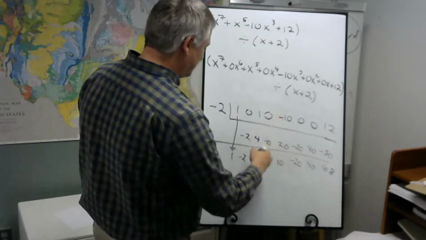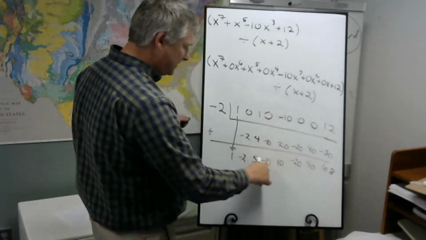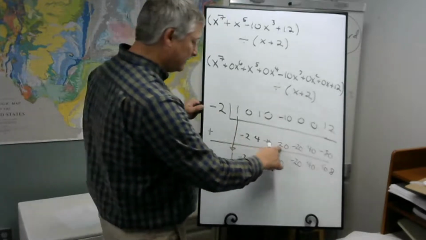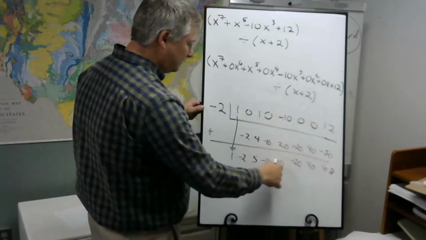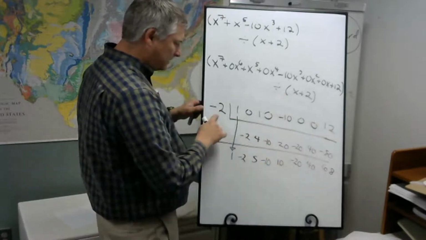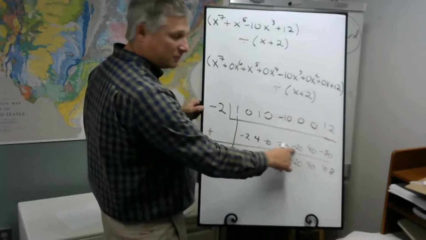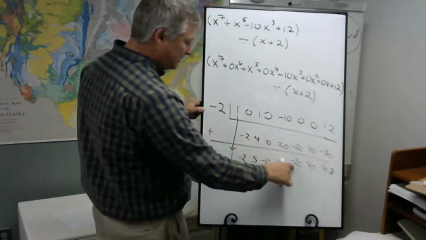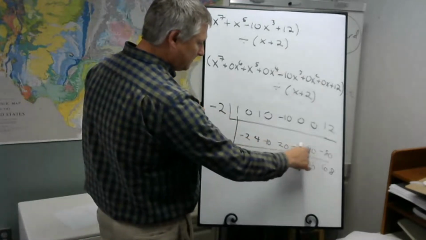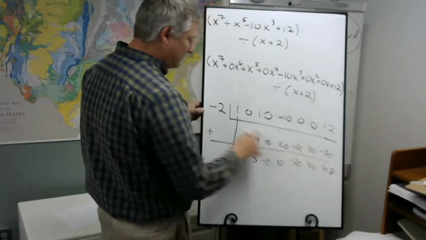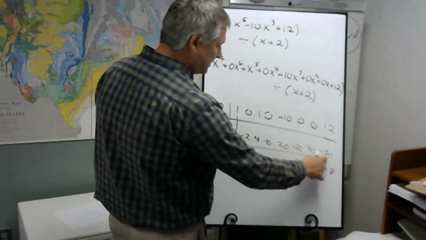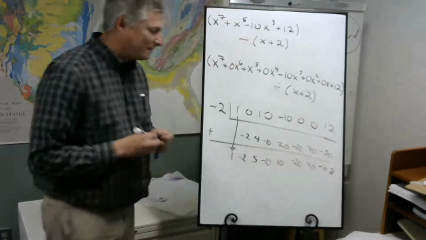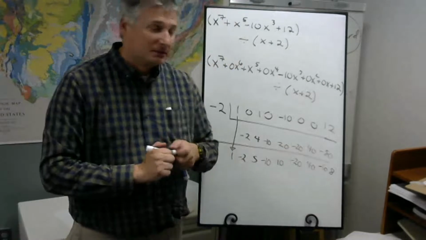These are two separate columns here. -2 times -10, +20. +20 plus -10, +10. -2 times +10, -20. Add these two, you get -20. -2 times -20, +40. Add that to 0, you get 40. Then -2 times 40 is -80. Add that to 12. I'm sorry, you get -68. Doesn't hurt to check your arithmetic.